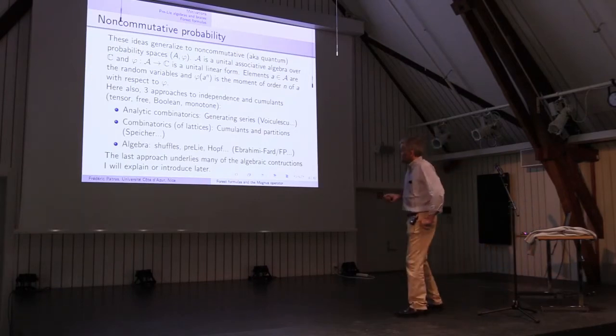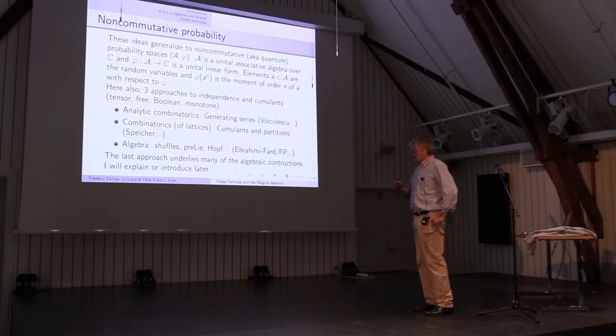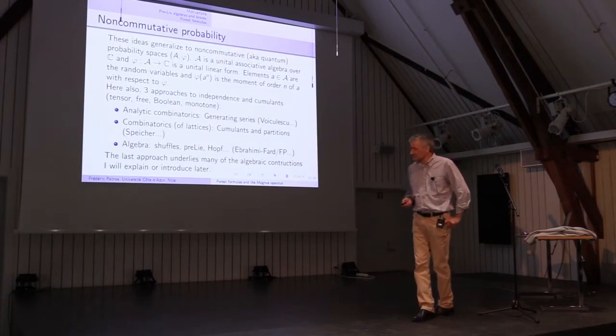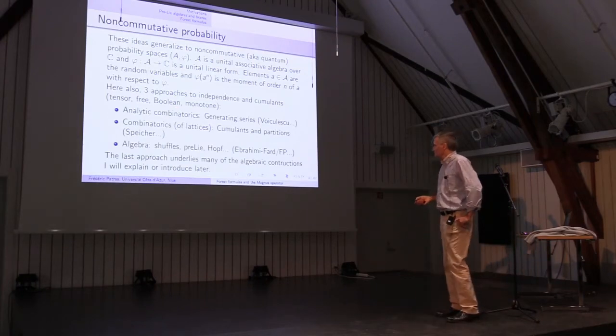And they can be studied by following three approaches, which reflect the three I have mentioned in the classical case. Namely, you can start from the point of view of generating series, and then the techniques you will use are closely related to analytic combinatorics. This point of view was developed by Voiculescu and other people after him.